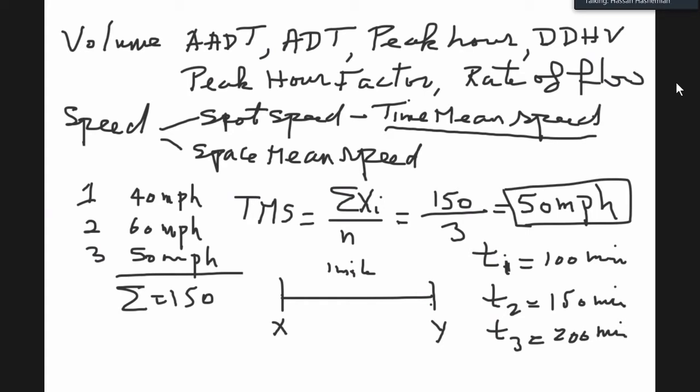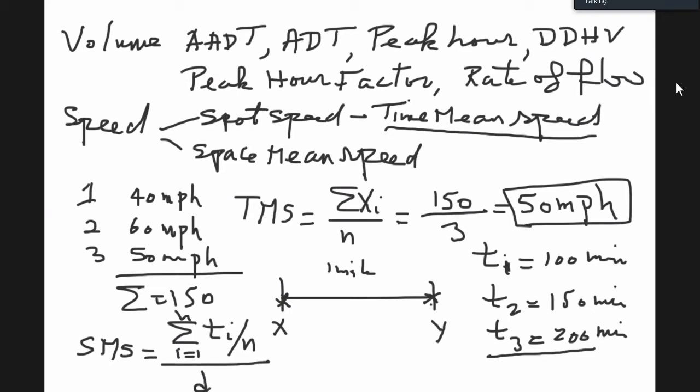To get the space mean speed, which means the average speed over this space, what we do is we get the average of this. So the space mean speed would be the summation of all the t_i divided by n, for all i from 1 to n, over the distance. So in this case, you will have 100 and 200, you have 350 divided by 3 over 1 mile.